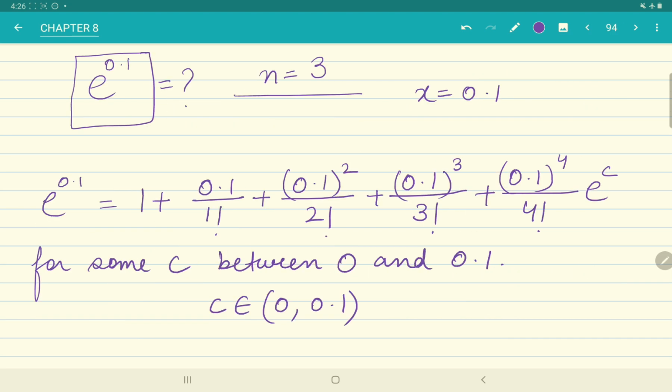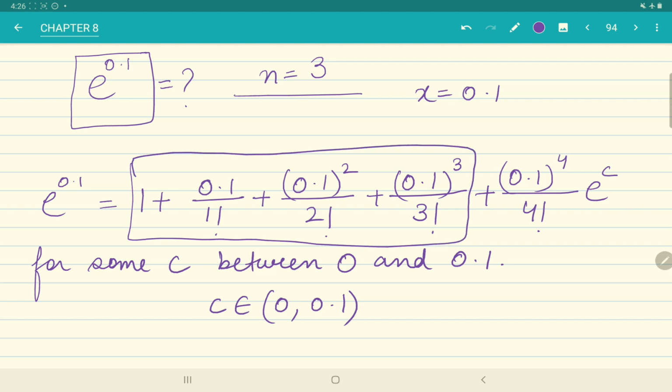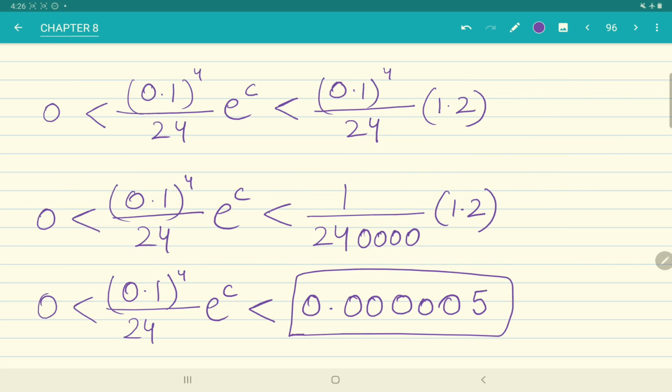If I go by the third order Taylor polynomial approximation, wherein I only consider this, the error is going to be less than this expression, 0.000005.